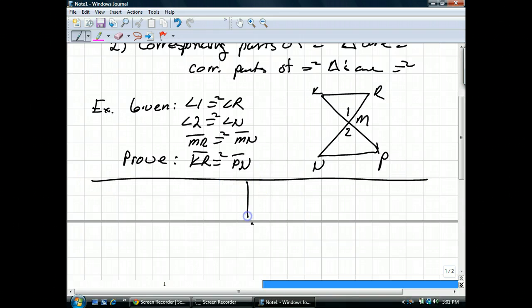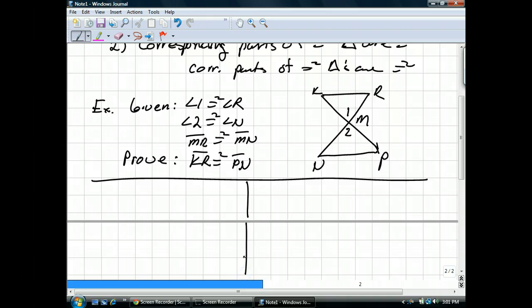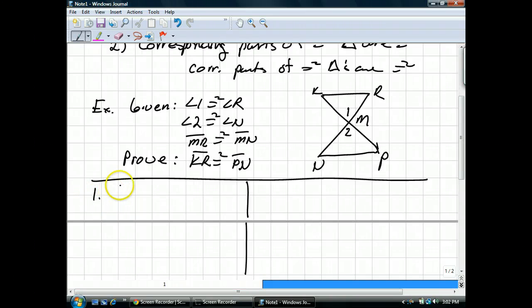So, number one is our given. Angle 1 is congruent to angle R. Okay, so let's mark that in our picture. Angle 1 is congruent to angle R, and angle 2 is congruent to angle N. So this one is congruent to this one, and we know that because it's given.